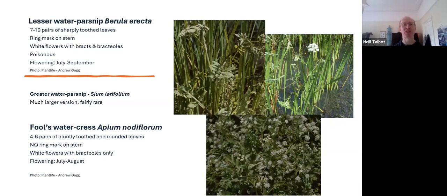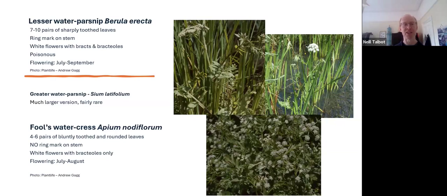But I would say the first thing to look at would probably be the leaves, and on the lesser water parsnip, the leaves are very sharply toothed, and a lot less rounded than the fool's watercress.